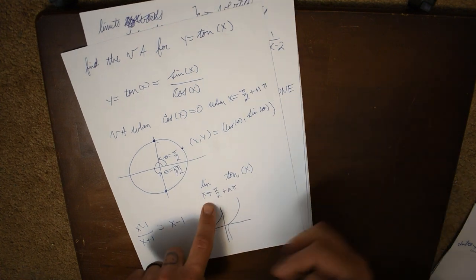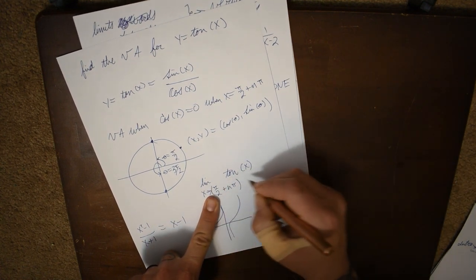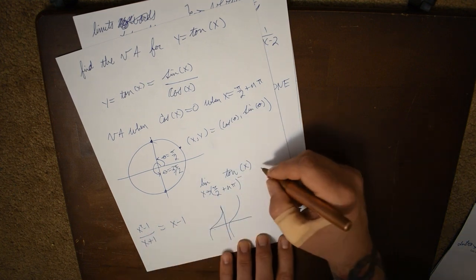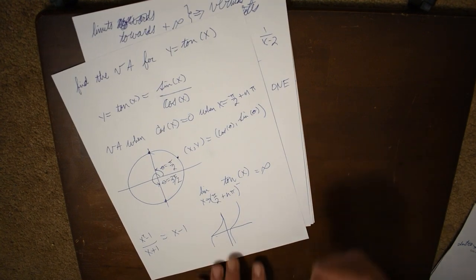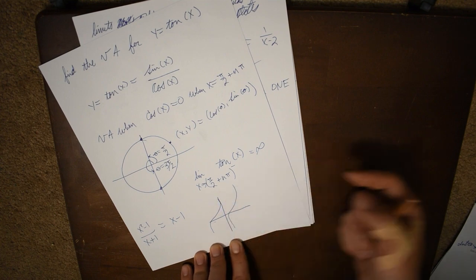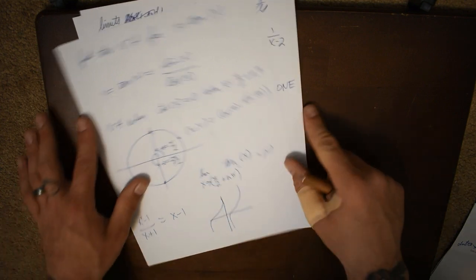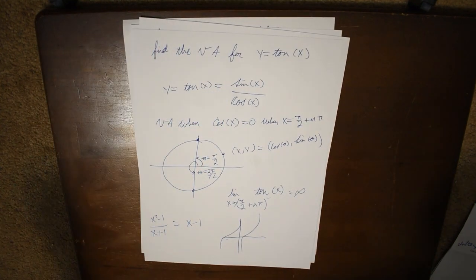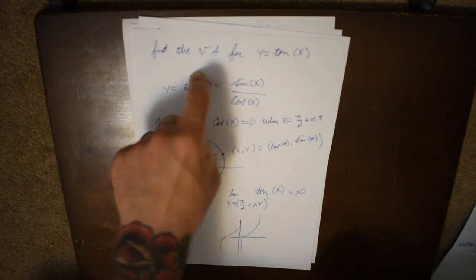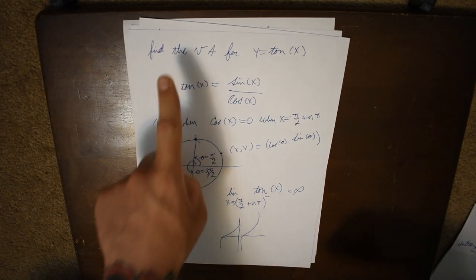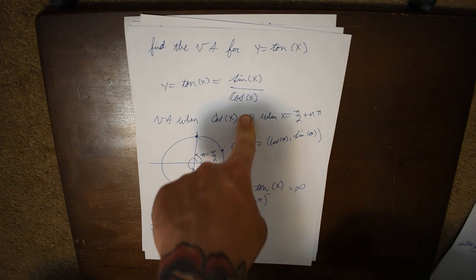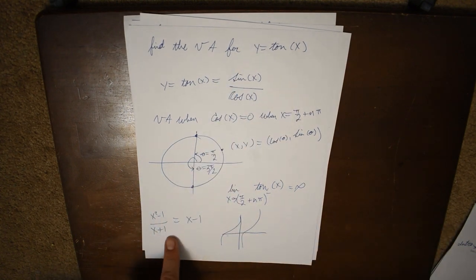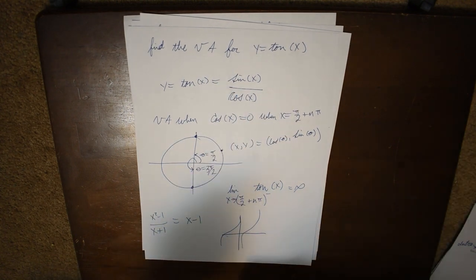But whenever we approach these values from the left, we're going to go to positive infinity, and whenever we approach these values from the right, we're going to go to negative infinity. So, finding vertical asymptotes is really finding where denominators equal 0 after you have completely reduced your function.